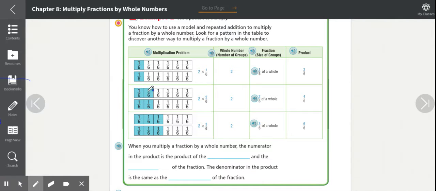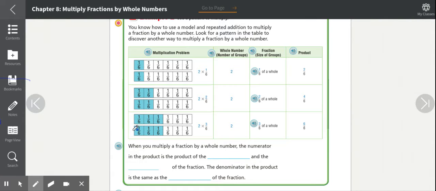Then you have here 2 groups, and it's times 2/6 in each would be 4/6. This one is 2 other groups. So see how our whole number didn't change because we still have 2 groups, but our fraction pieces changed because of the number of fractions being shaded.